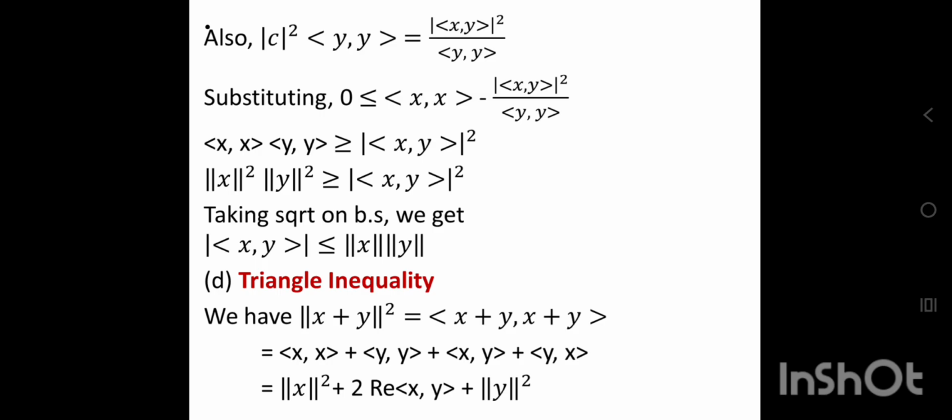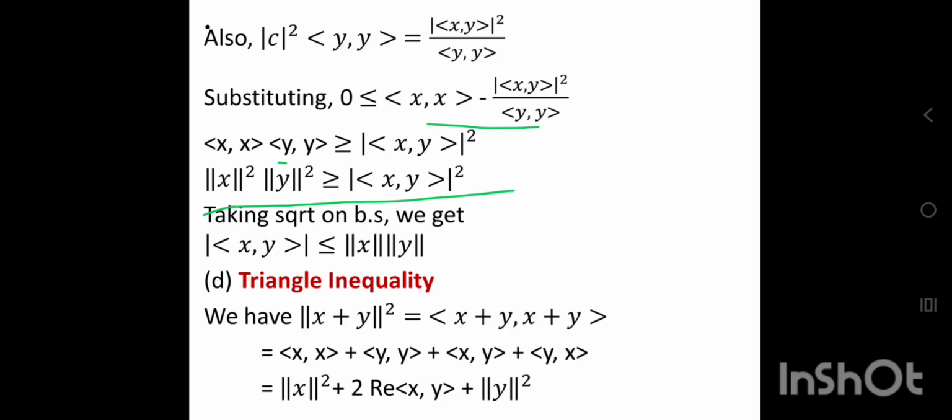We get 0 less than or equal to inner product x comma x minus modulus inner product x comma y the whole square divided by inner product y comma y. You have to take the LCM and simplify the terms. We get norm x squared into norm y squared greater than or equal to modulus inner product x comma y the whole square. Taking square root on both sides, we get the result.